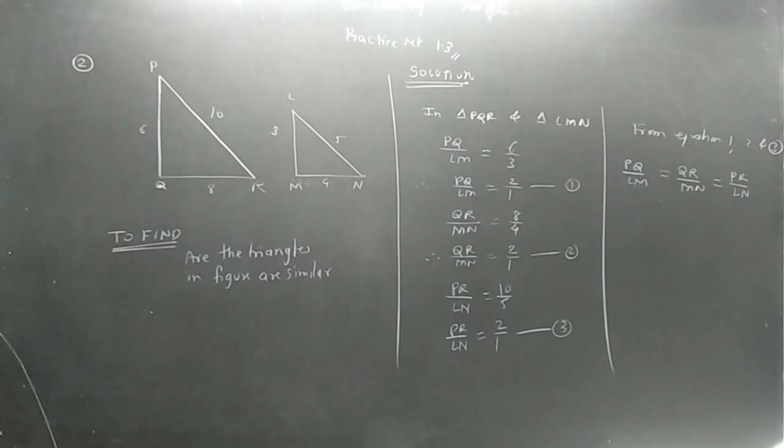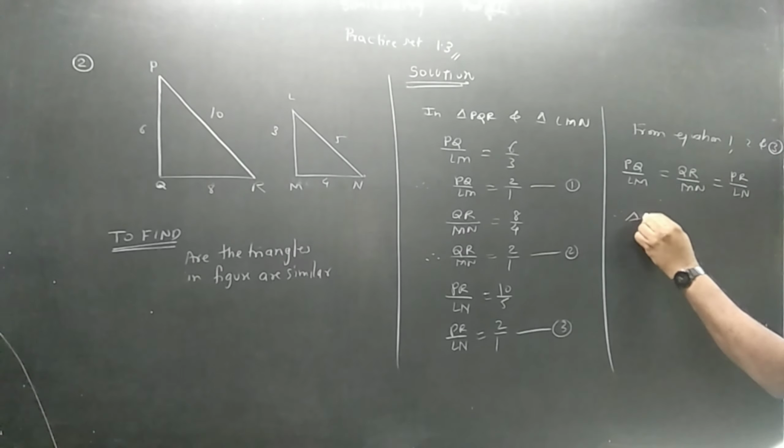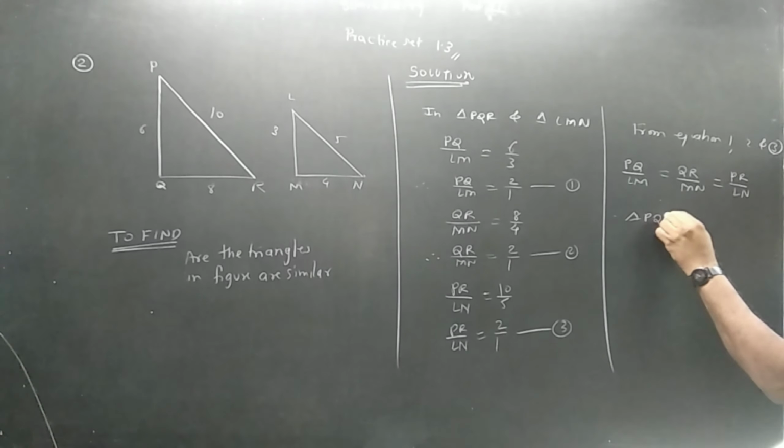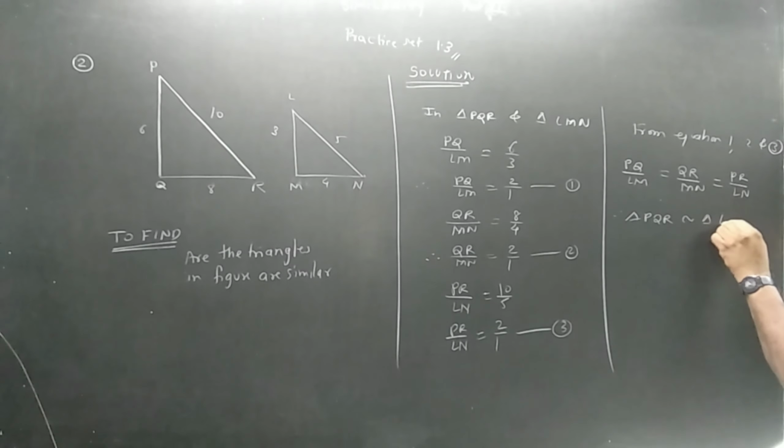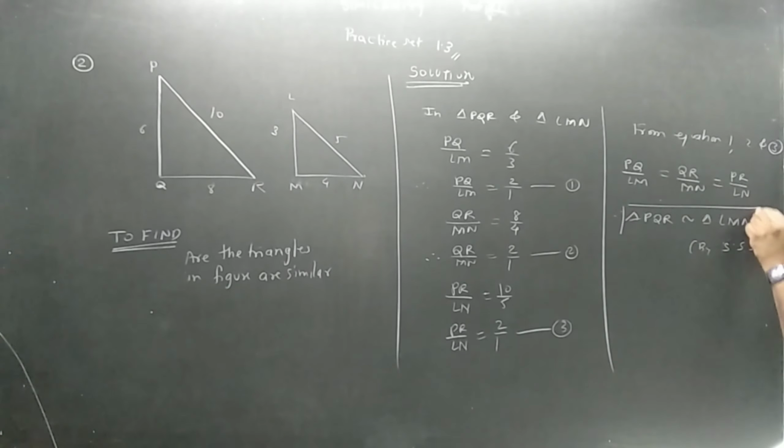So ultimately what did you get? All the ratios are equal. Therefore, triangle PQR is similar to triangle LMN by SSS test, sides are proportional. This is your final answer.